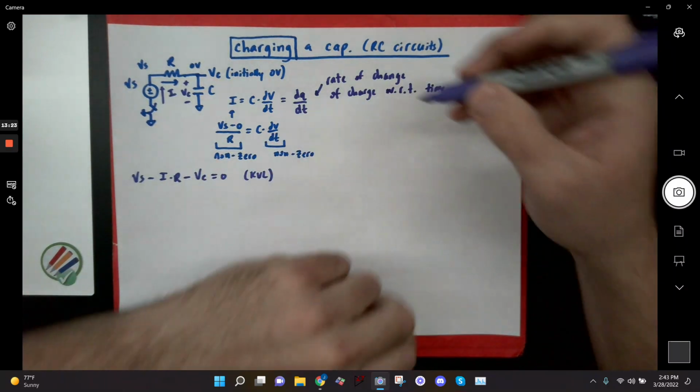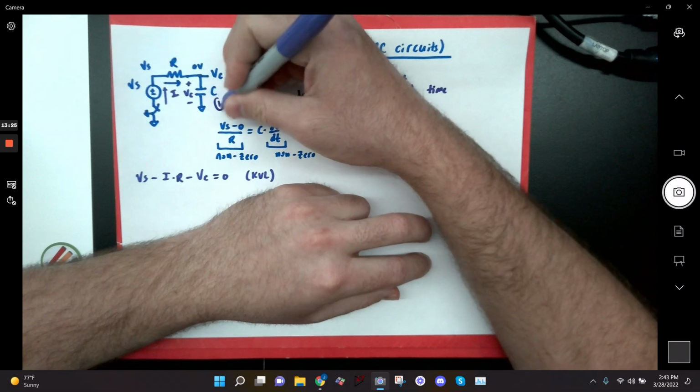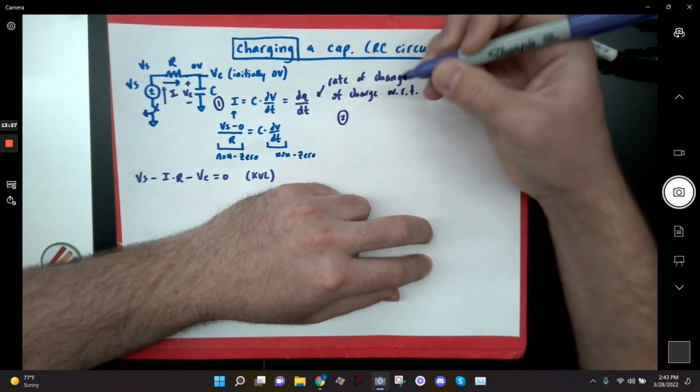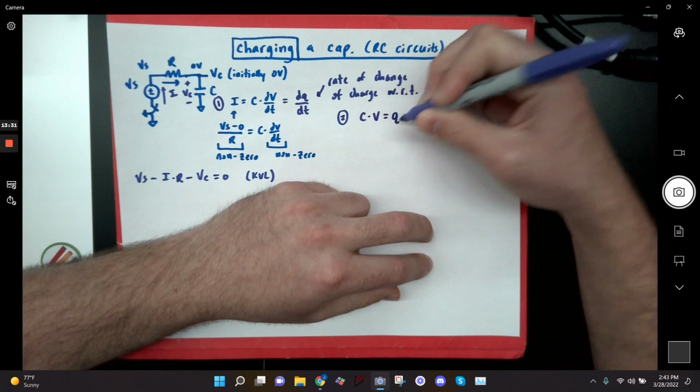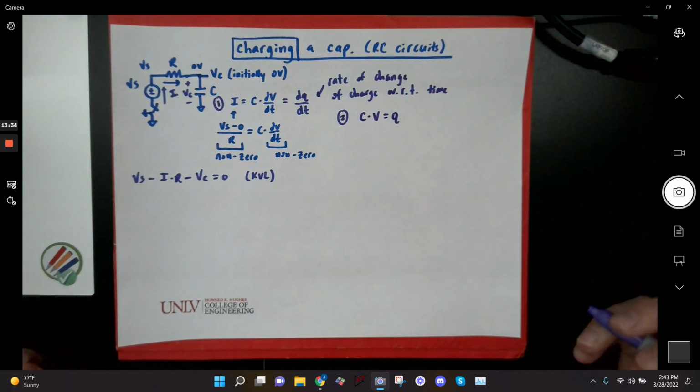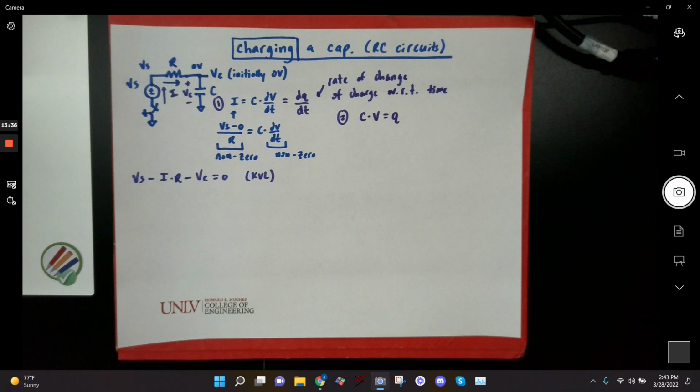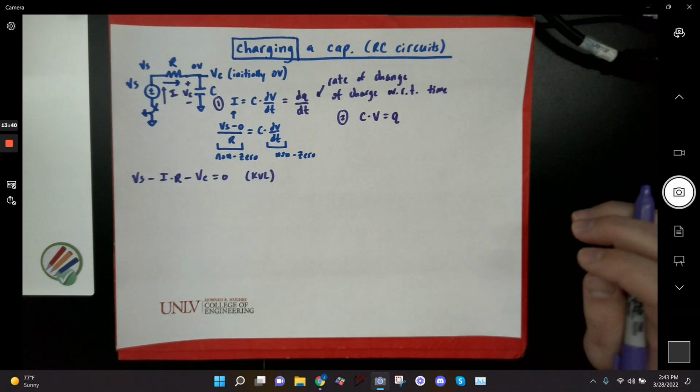All right? So this is the first equation that I'm going to need. And then the second equation that I'm going to need is that C times V is equal to Q. And the reason I need that equation is because what I need to know is the voltage across the capacitor in terms of Q.